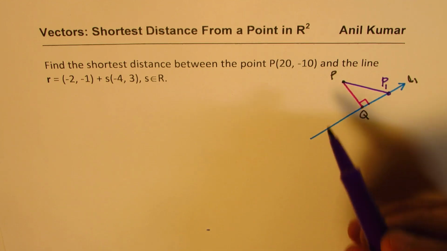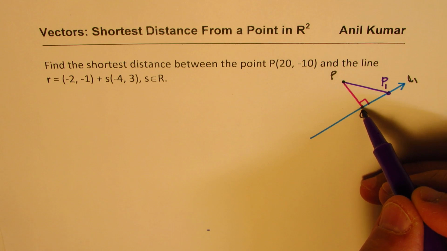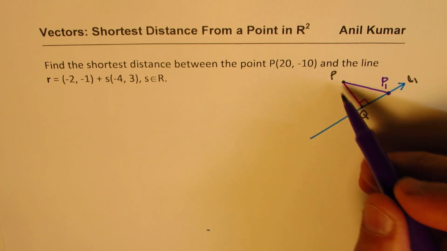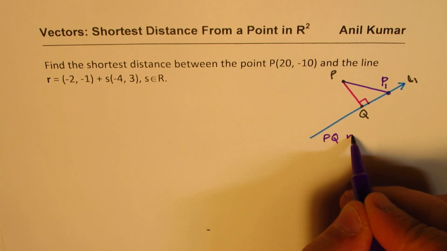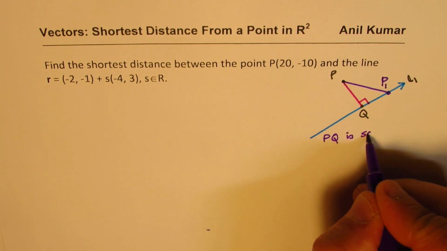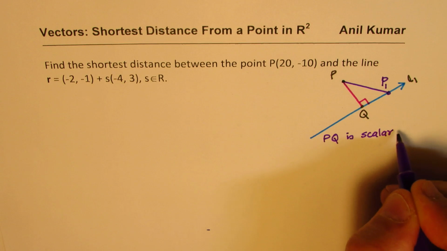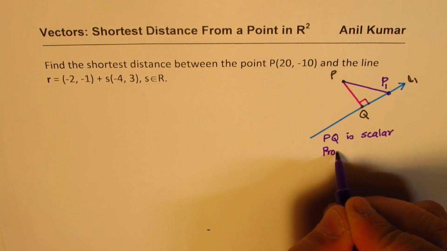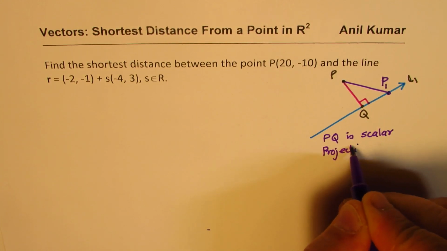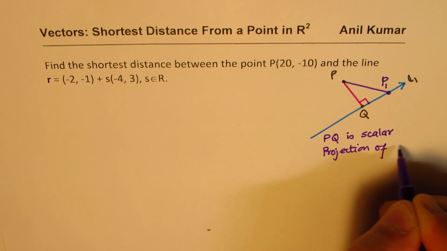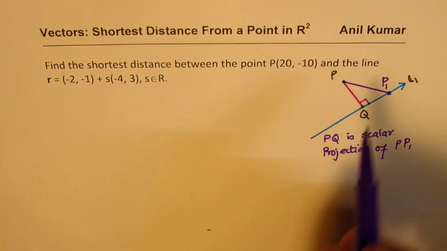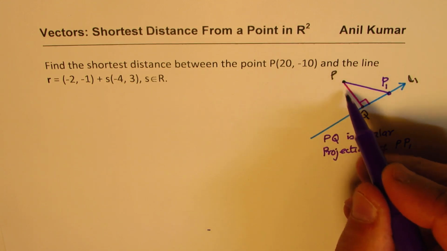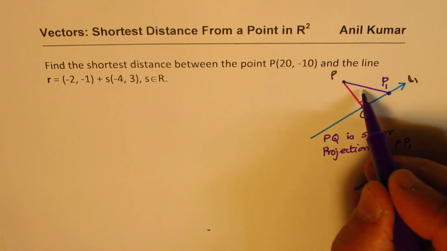Now, the shortest distance PQ is what? From here, you can see that PQ is the scalar projection of PP1, right? So the shortest distance becomes the scalar projection.